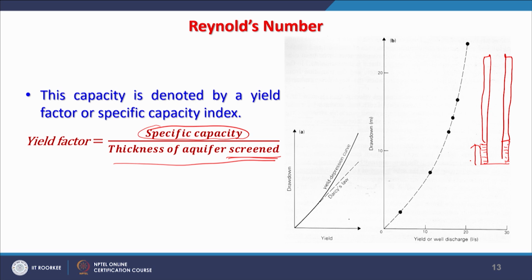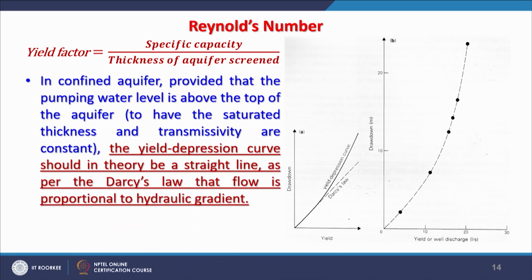So, yield factor is a ratio between specific capacity and the thickness of aquifer that is screened, from where the water can enter the well. So, this yield factor in different conditions will have different arrangements or different possibilities.